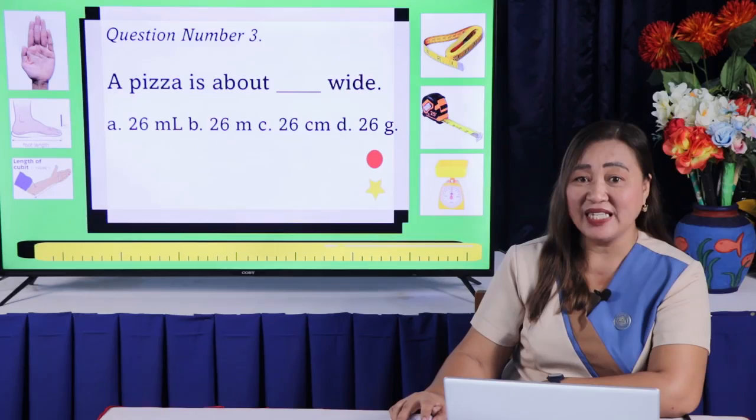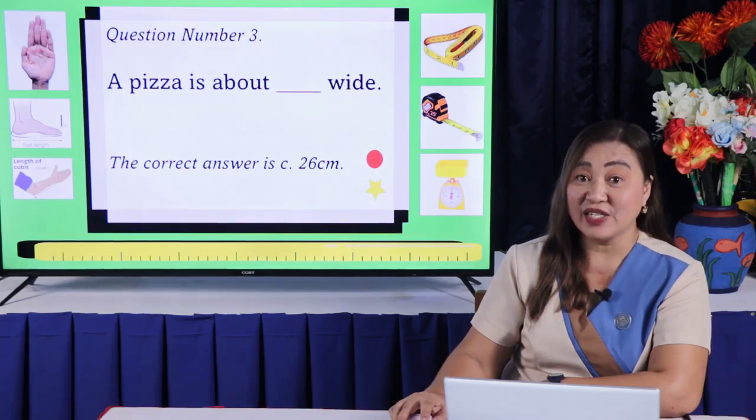Again, a pizza is about blank wide. A, 26 milliliters. B, 26 meters. C, 26 centimeters. D, 26 grams. The correct answer is C, 26 centimeters.